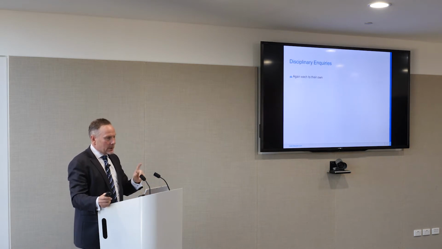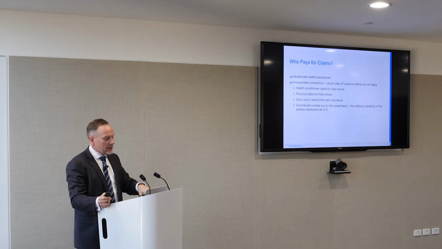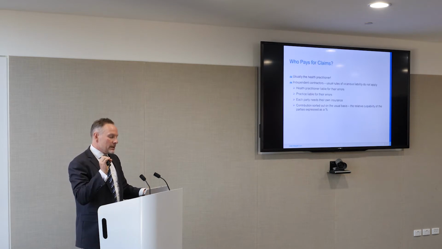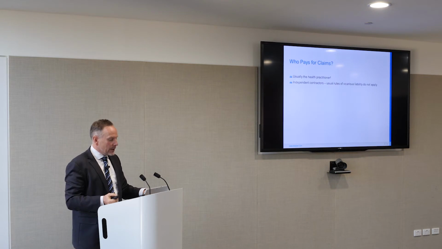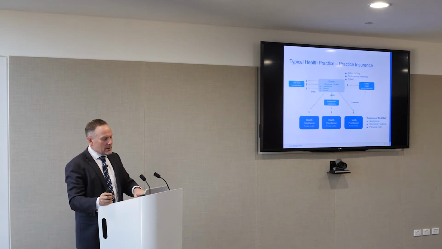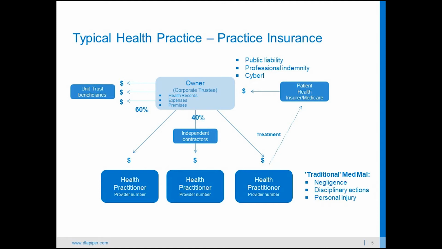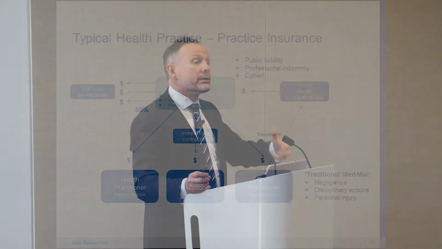Okay. Now, I'm going to come back to a worked example, but the key thing about this, insofar as the practice on this slide is actually employing receptionists, nursing staff, and also putting in processes about record keeping and the like, if those practices and procedures fall down, then that's what the corporate entity is going to be responsible for.